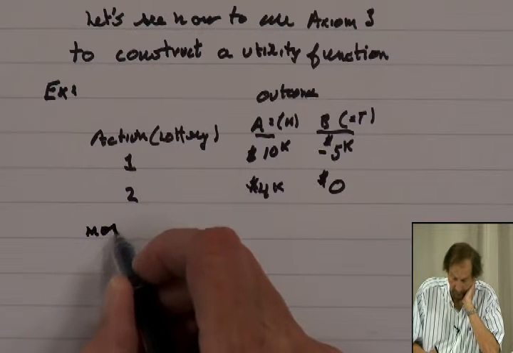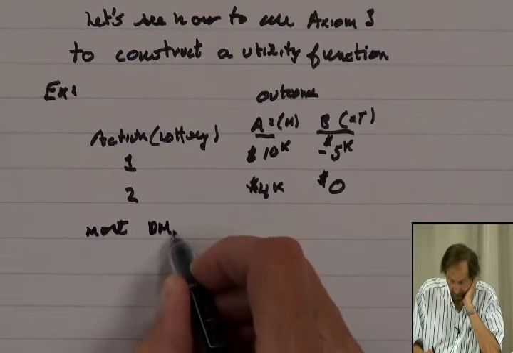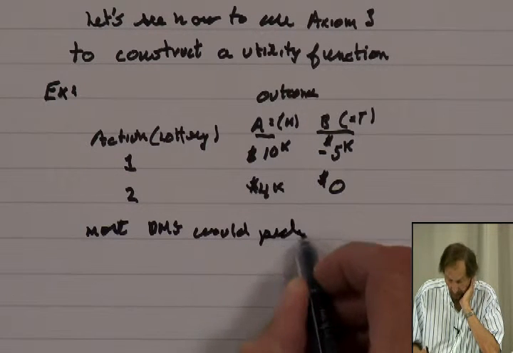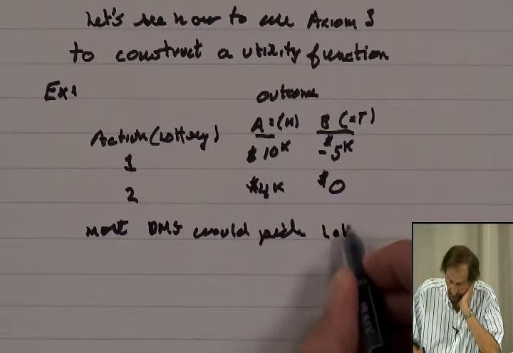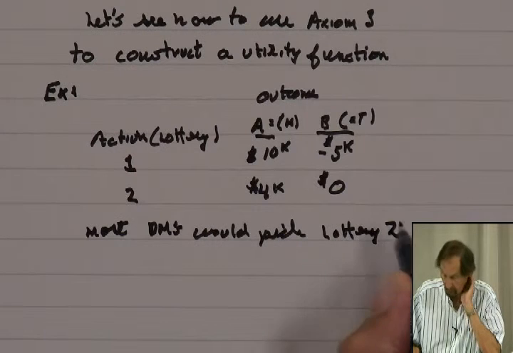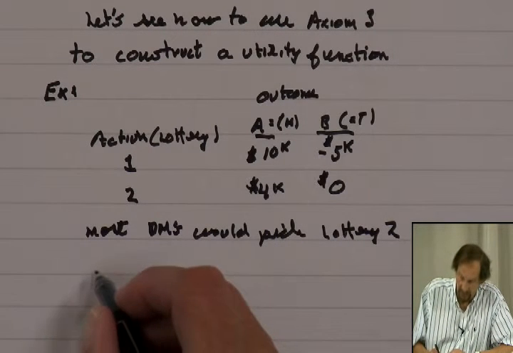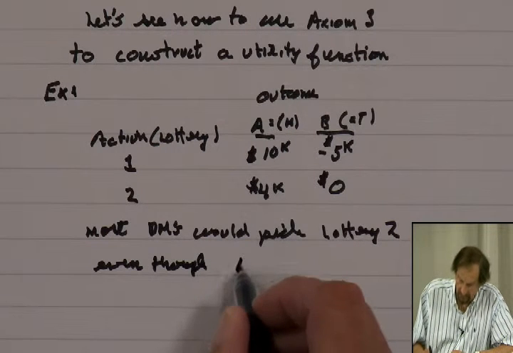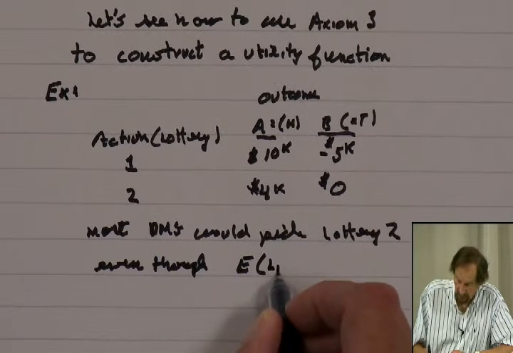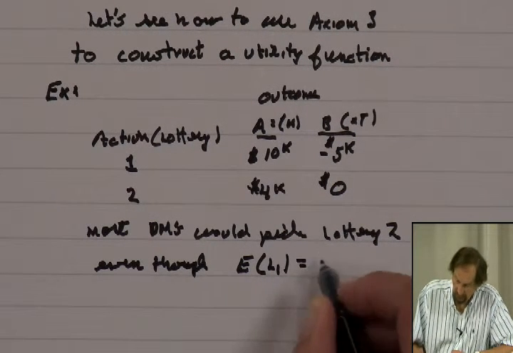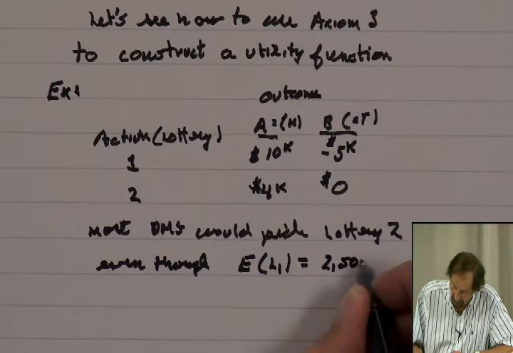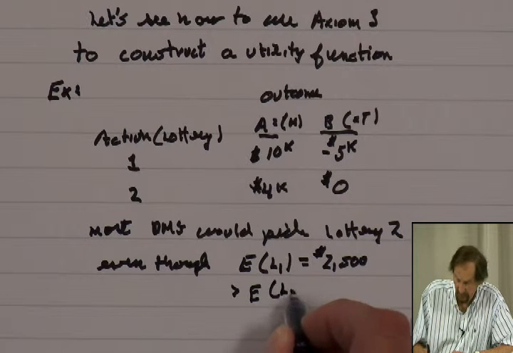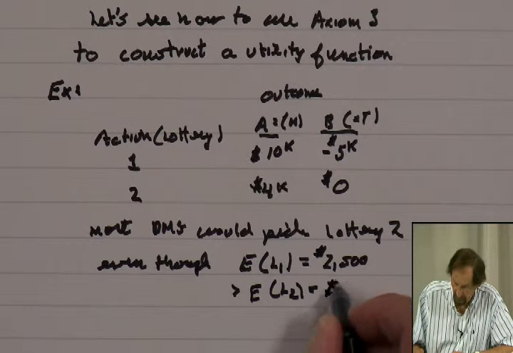So most decision makers would pick lottery 2, even though the expected value of lottery 1 equals $2,500, which is greater than the expected value of the second lottery, which equals $2,000.